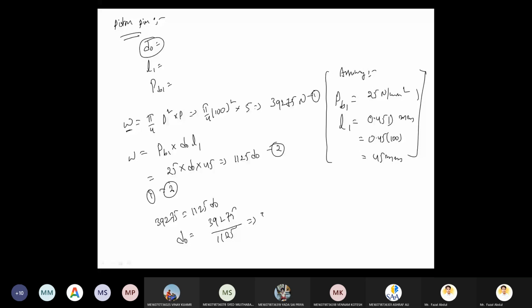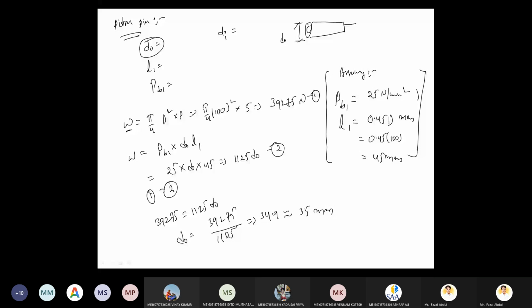Now we have calculated D naught, and Di is the inside diameter of the piston pin. The piston pin has a hollow circular portion. This is the D naught, the inner diameter is Di, and this is the L1.